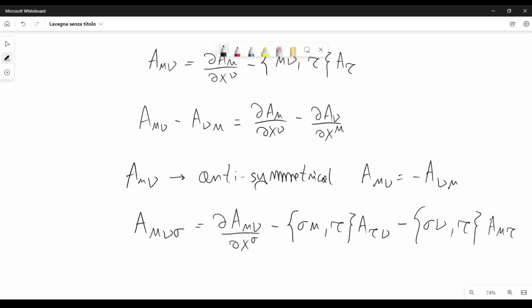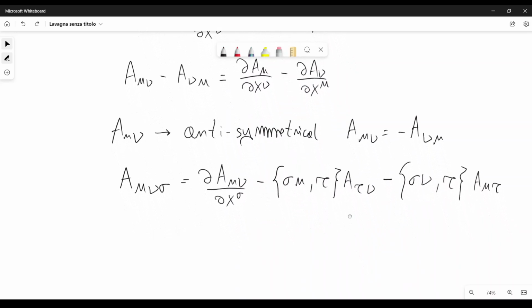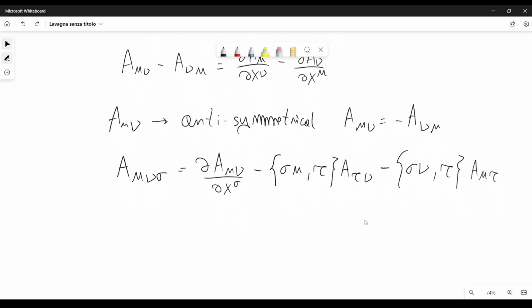Now we will sum the three tensors obtained by cyclic permutations of the indices μ, ν, and σ. What I mean is simply this. We're going to sum A_{μνσ} with a cyclic permutation of A_{μνσ}.